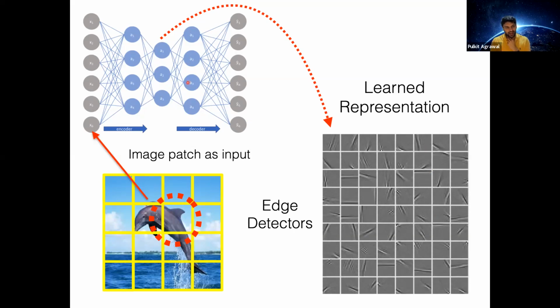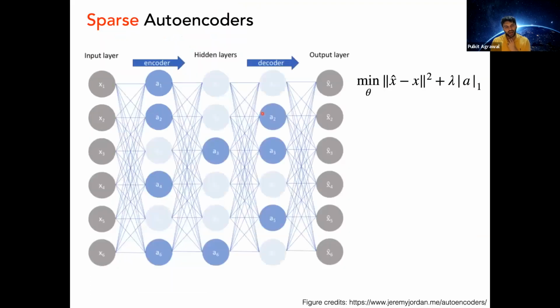Now, instead of having a bottleneck, another way to induce compression is by imposing the sparsity constraint. So what we can say is, I want my features to be sparse. So how do we do sparsity? By putting an L1 loss function.